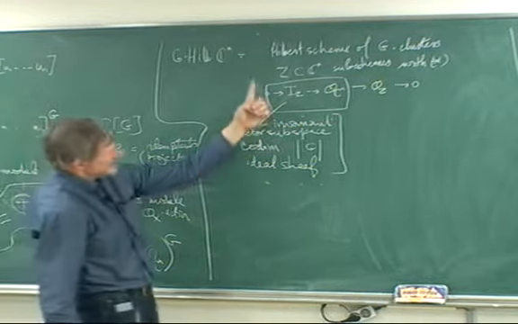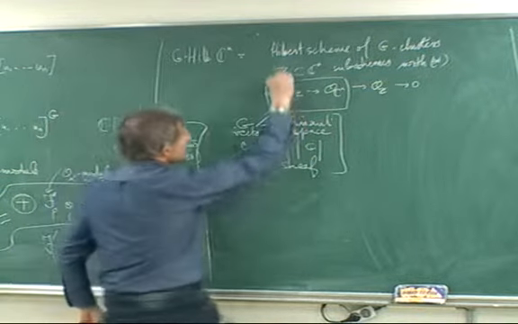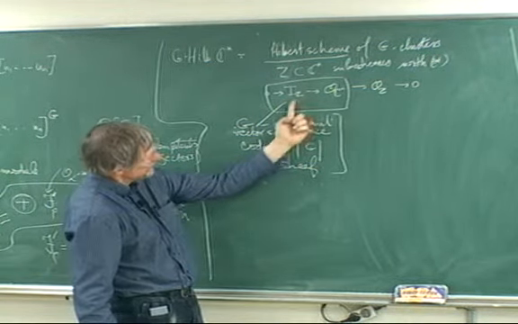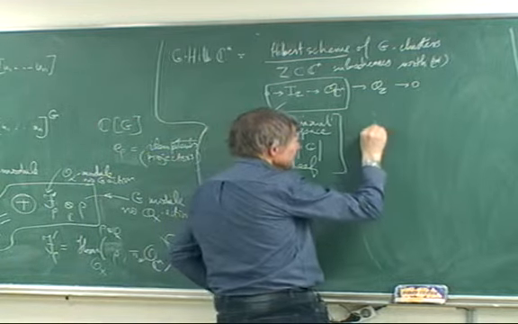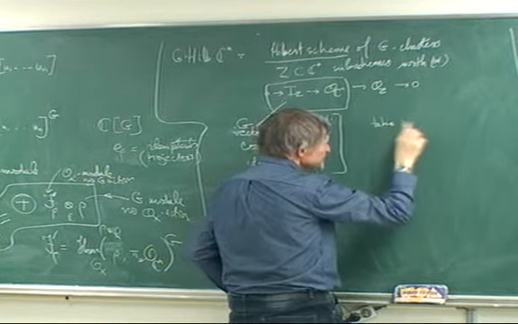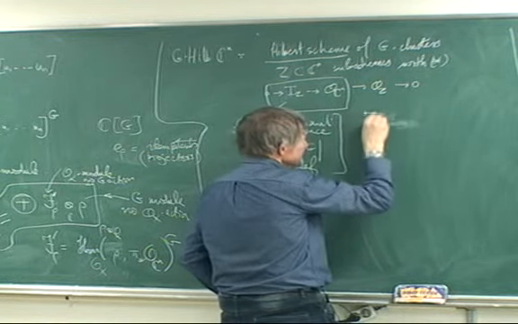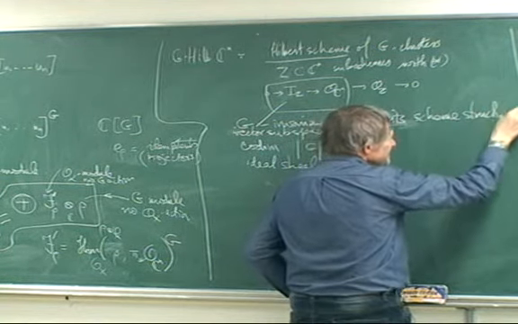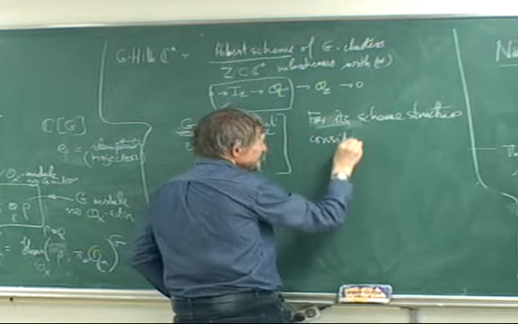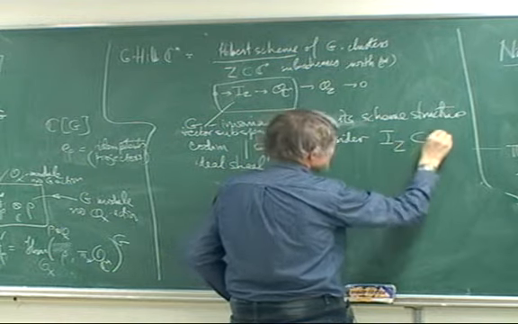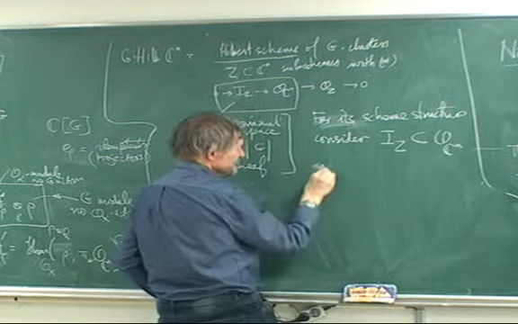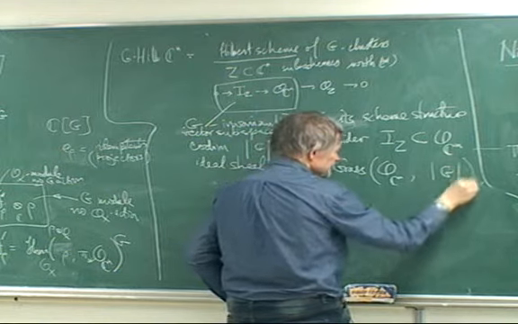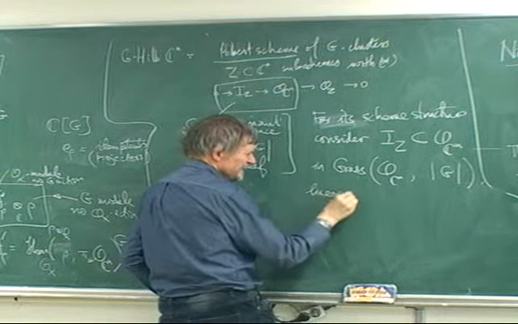Now, there's an ideal. So I want this not just to be a set, but I want it to be a scheme. And so what I do is I take this to be a subscheme of, for its scheme structure, consider IZ in OCn in the Grassmannian of OCn of codimension G. So this is linear vector subspaces.